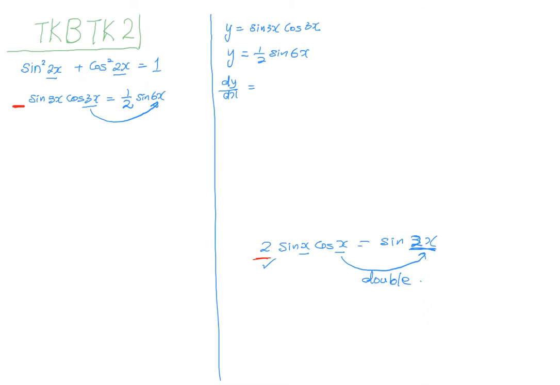Can you please refer to your note? 1/2 cos 6x. Correct. Cos 6x, and then times 6 again, is it? Yeah, you are right.